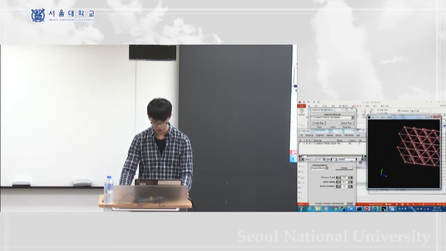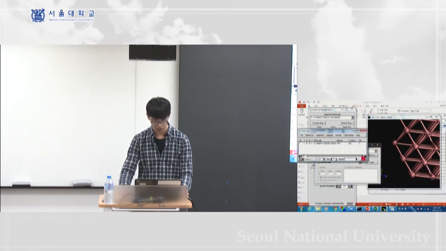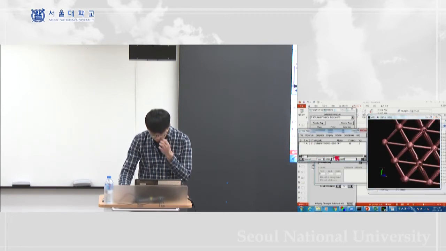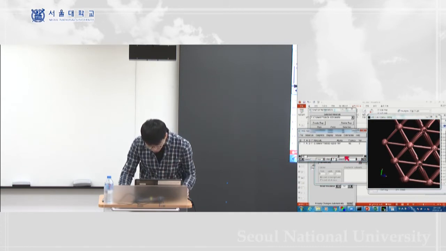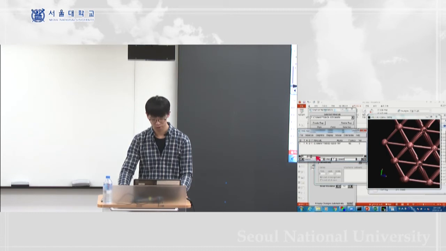If you zoom in, there's the vacancy here, and as the relaxation runs, you can see that it relaxes only a little bit. Can you see the relaxation?